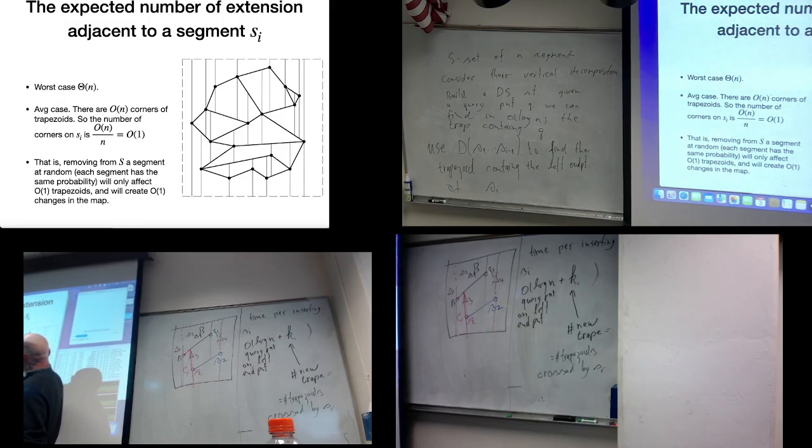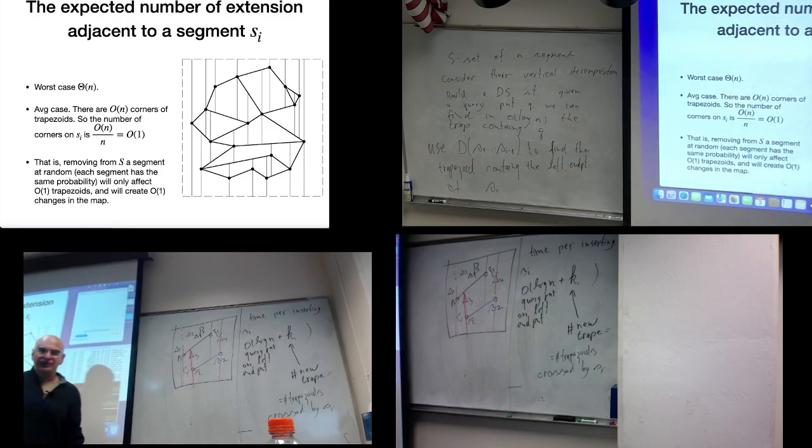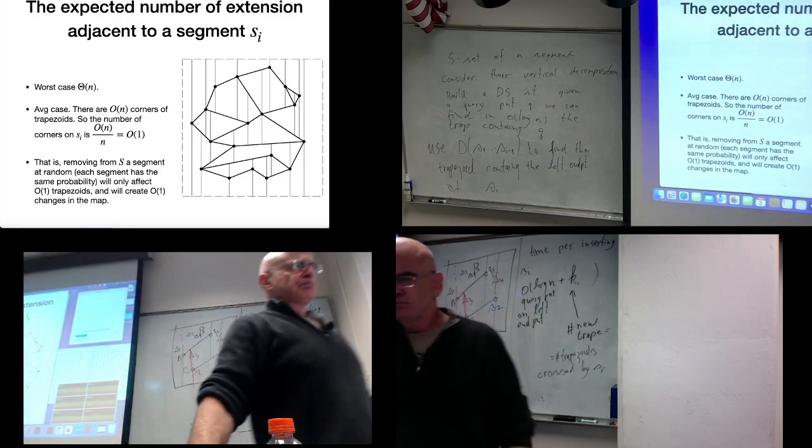Count how many walls hit this segment, plus how many walls hit the next segment, and so on. We have n segments, divide by the walls. And since it's order n walls for n segments, the number of walls that touch an average segment is only constant. What does it mean?